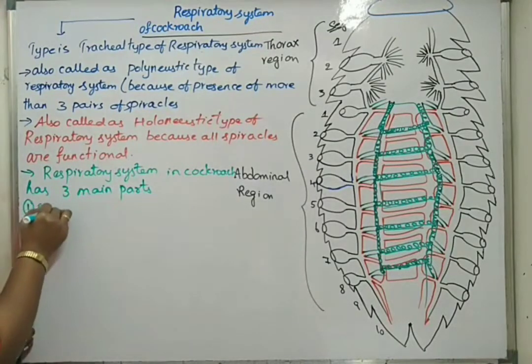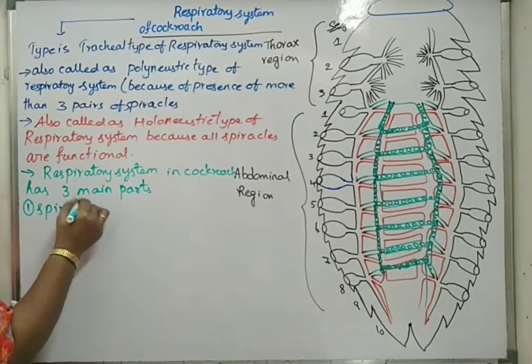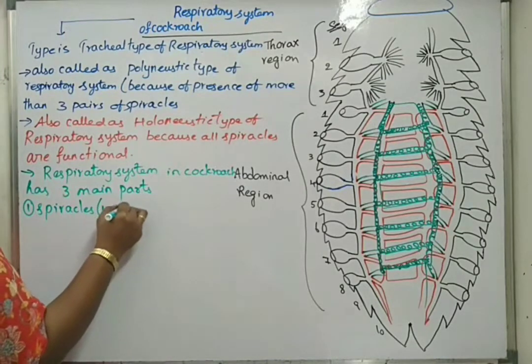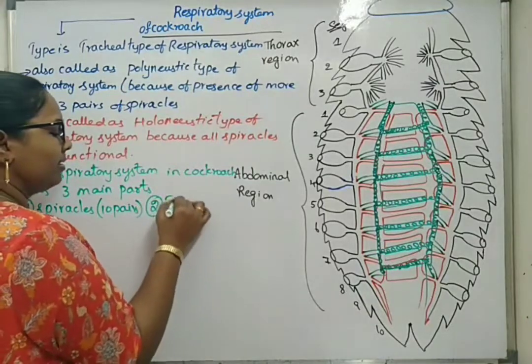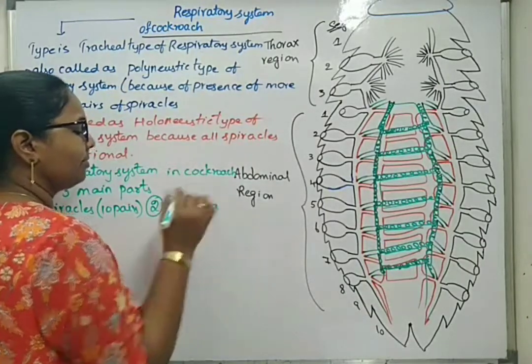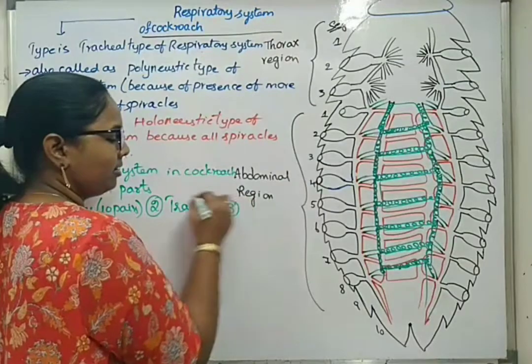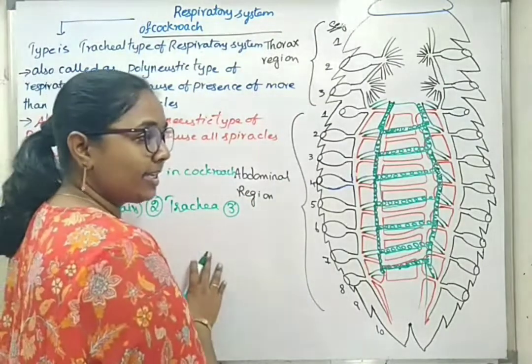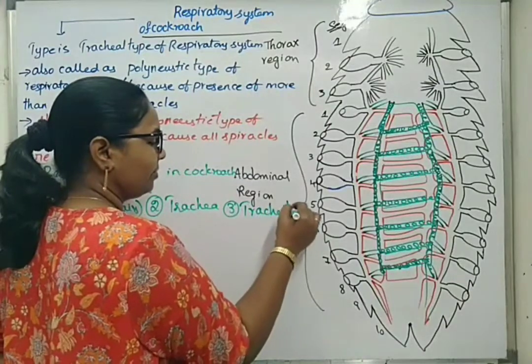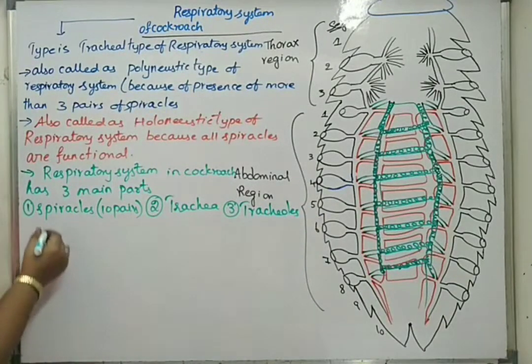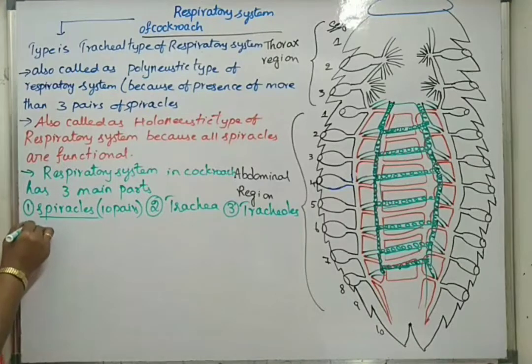First one, spiracles. Spiracles are 10 pairs in number. Second one, complete trachea. Third one, the tube-like structures which are branch-like structures from trachea, called tracheoles. Spiracles are also called stigmata.